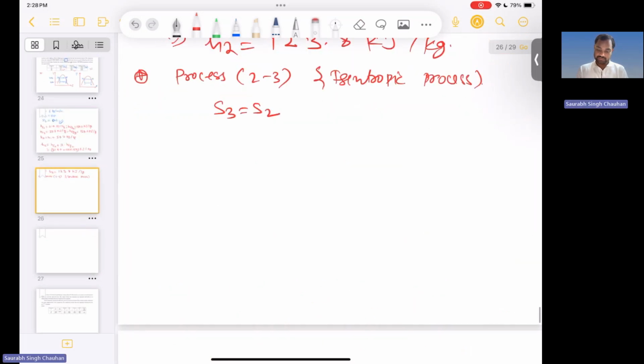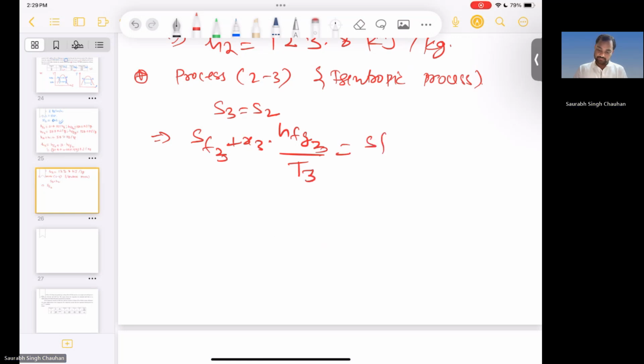We have S2 equal to S3, and we can use this relation: SF3 plus X3 into HFG3 by T3 is equal to SF2 plus X2 into HFG2 by T2.